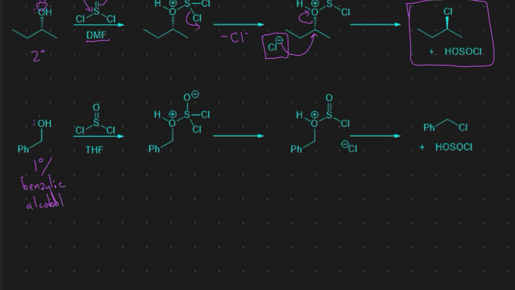Let's put the lone pairs on our alcohol oxygen, and it attacks the electrophilic sulfur center. Pi bond bounces up to the oxygen, and then we get this intermediate right here. Again, negative charge comes down from the oxygen. One of the chlorides comes off, minus Cl minus.